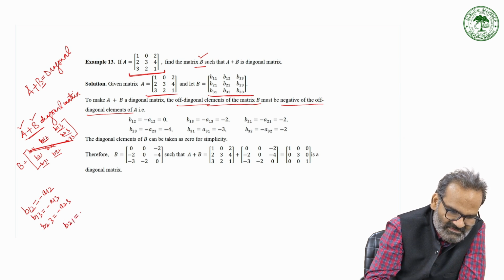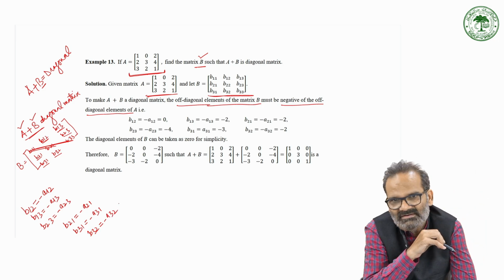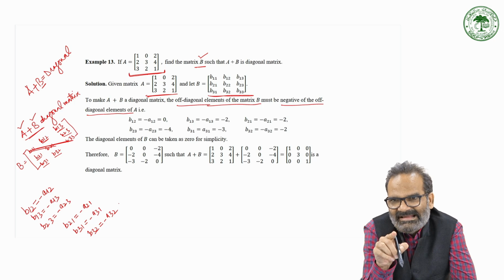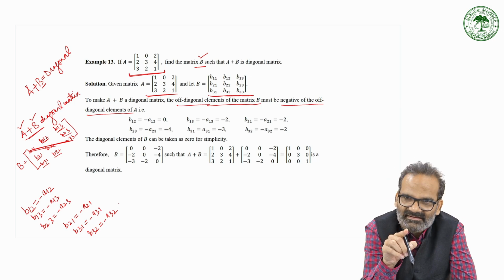B21 should be equal to minus A21. B31 should be equal to minus A31. And B32 should be equal to minus A32. This is what I want to say. The off-diagonal elements of the matrix B must be negative of the off-diagonal elements of the matrix A.